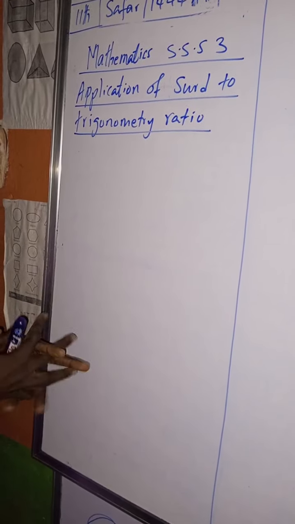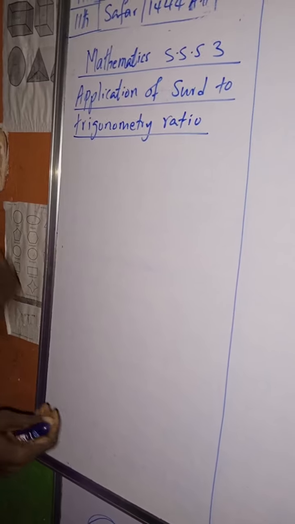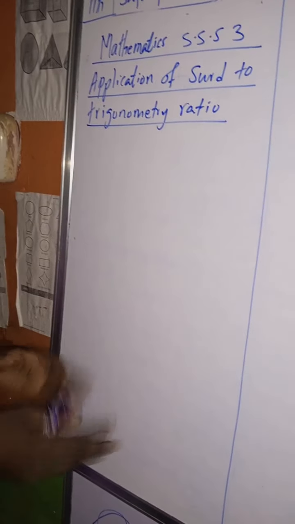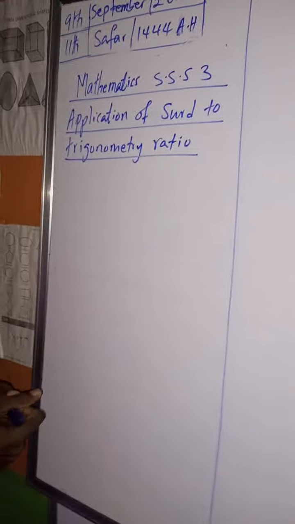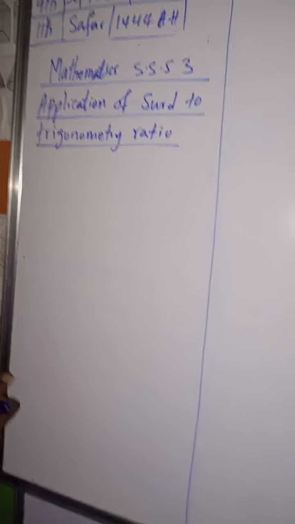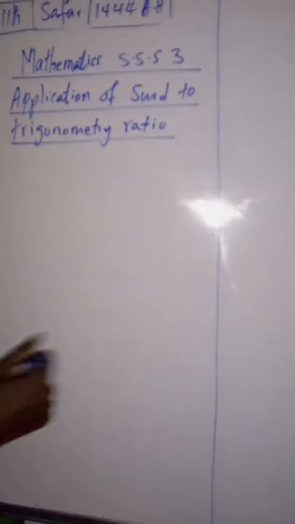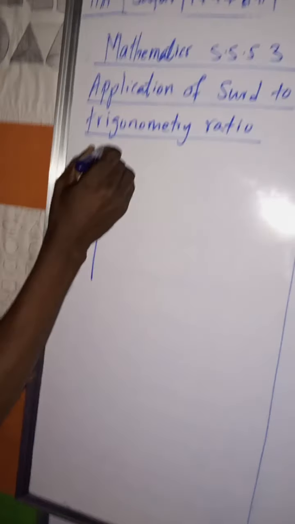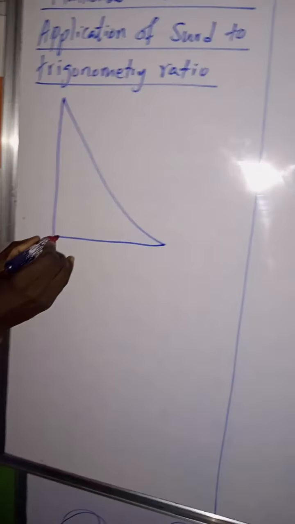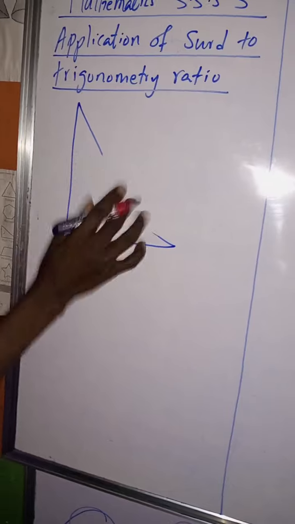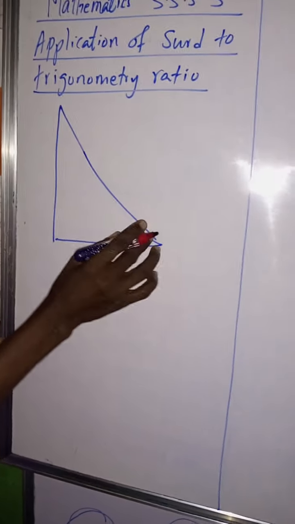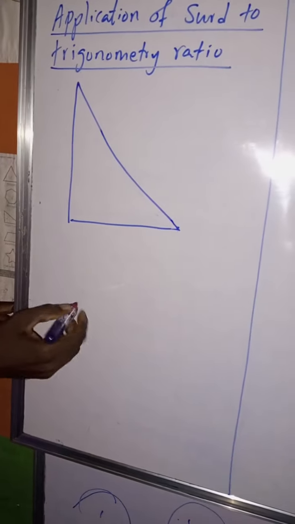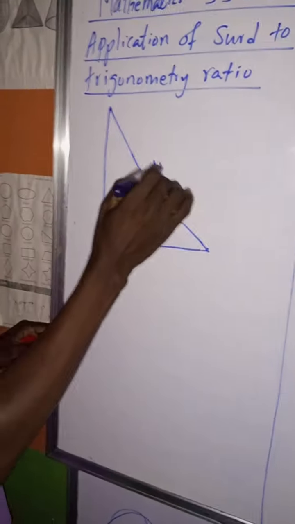We have already known how to do rationalization, conjugation, addition, multiplication of surds. Then let's now apply it into trigonometry. When you talk about trigonometry, we are talking about right angle triangle, in which we have our longest side to be the hypotenuse.